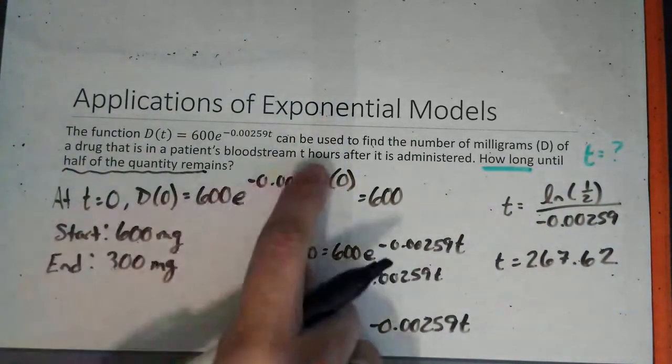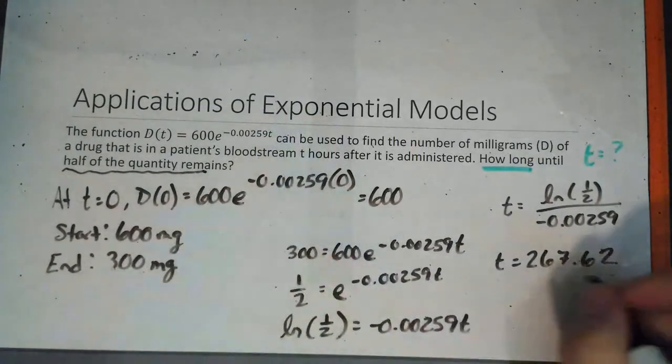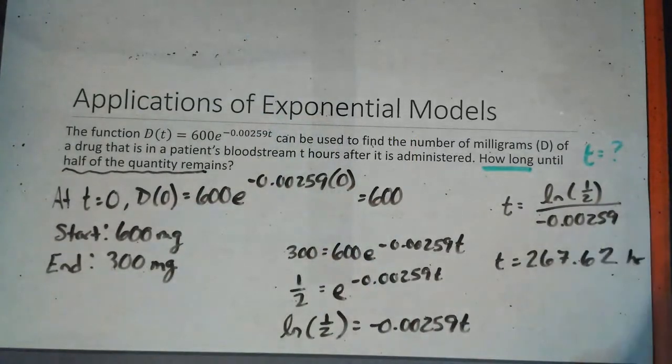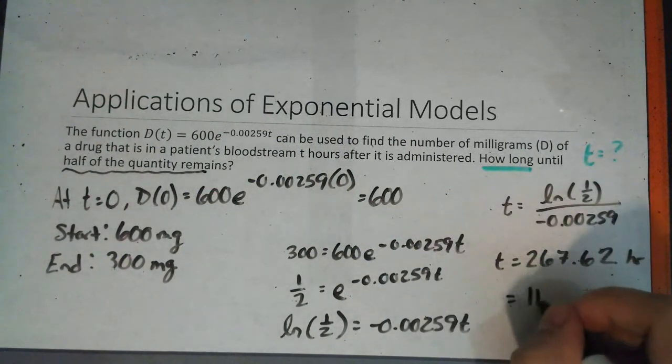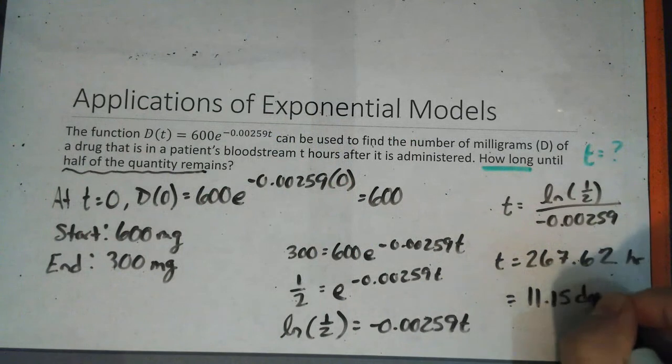Remember, t is measured in hours. So it's going to take 267.62 hours to get down to half. If I divide that by 24, because there's 24 hours in a day, that's 11.15 days.